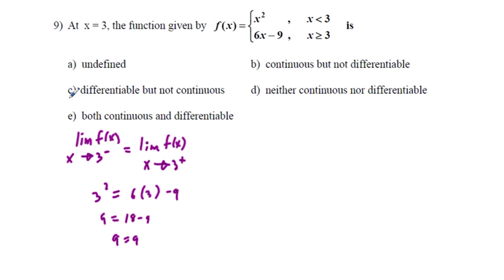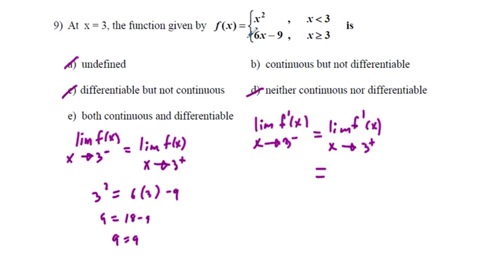And now we just need to test for differentiability. And that's going to be limit as x approaches 3 from the left side, not this time of f of x, but of f prime of x, is going to be equal to limit as x approaches 3 from the right side of f prime of x.